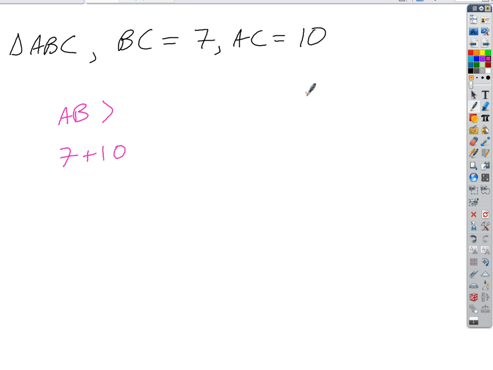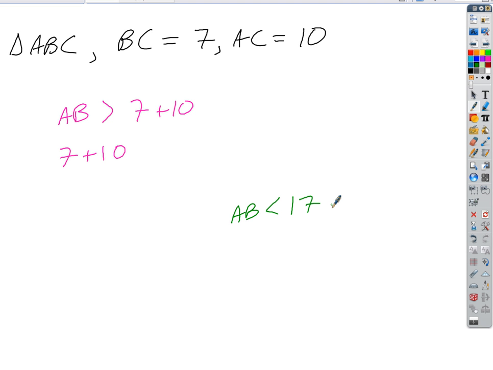Yeah, 16 would work, wouldn't it? Okay, so AB has to be less than what value? Yeah, it has to be less than the sum of the other two, right? Everybody agree? So there's half of the statement done. We know that AB has to be less than 17. That's the upper limit. Otherwise, they won't touch.